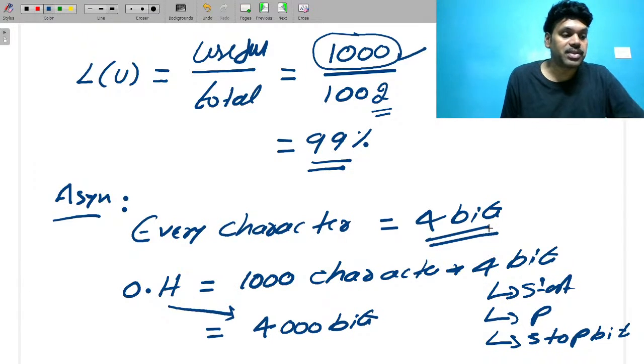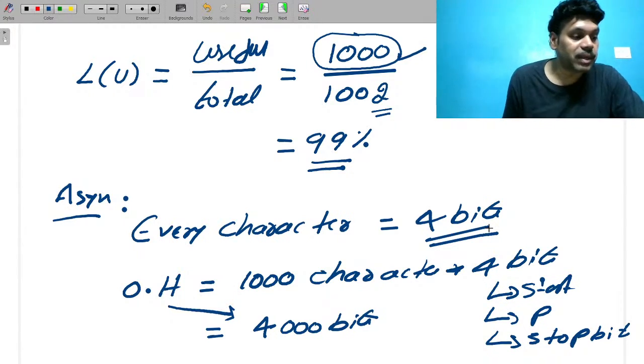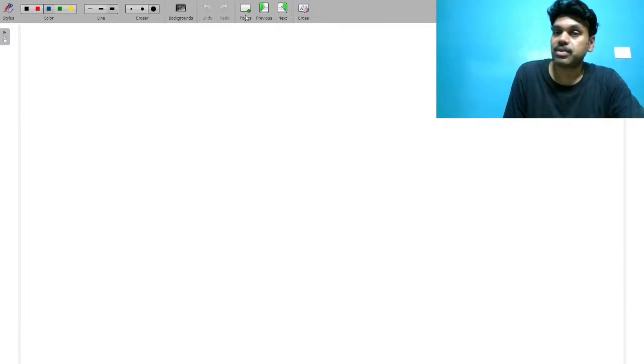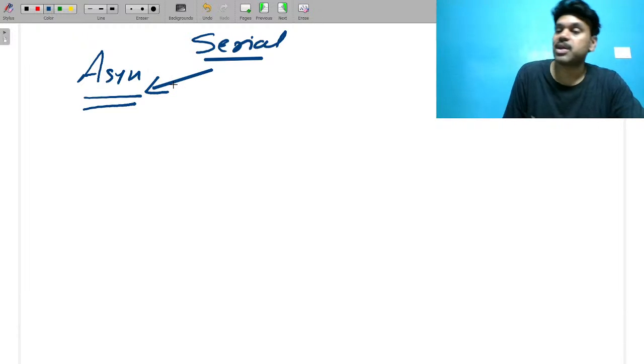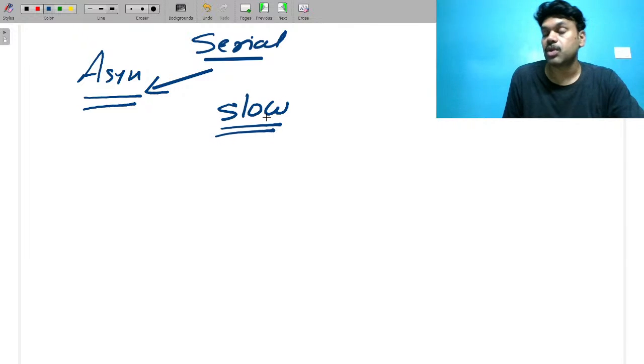So my dear friends, one of our friends, Ayush, is asking: when we have a large data file, it is time consuming. Yes. If I am taking asynchronous serial, it is very slow, I don't mind, but very slow.